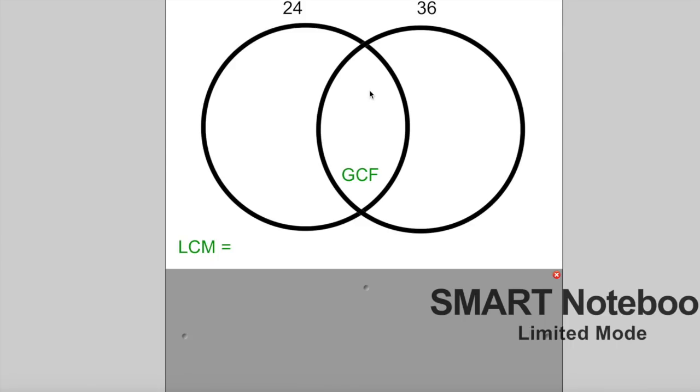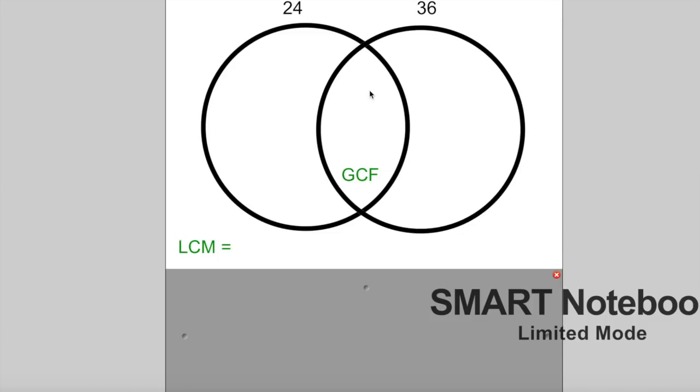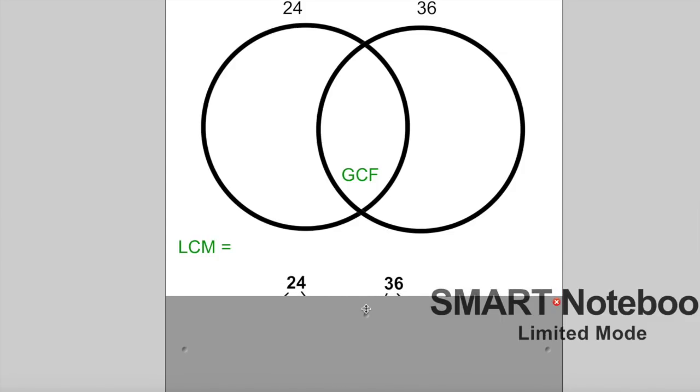All right, let's take a look at our second example. Using the numbers 24 and 36, find the LCM and the GCF using a Venn diagram. So go ahead and pause the video. All right, welcome back. And the first step, as you know, is to find the prime factorization using the tree method that we've learned of 24 and 36.